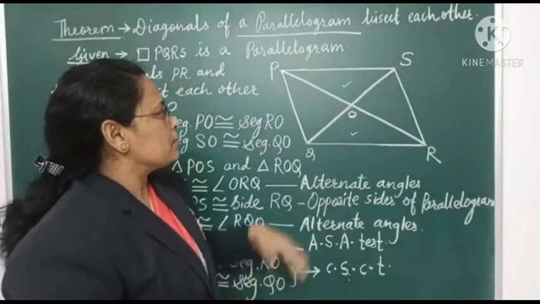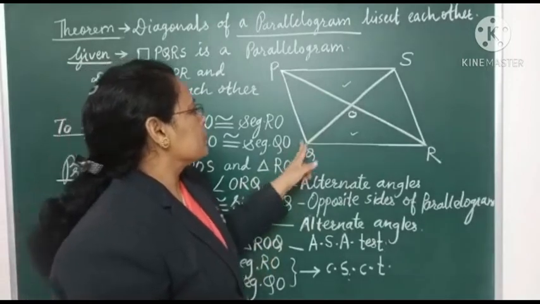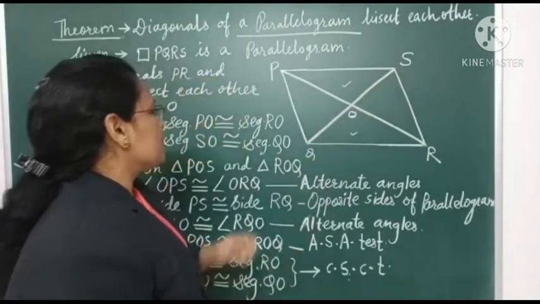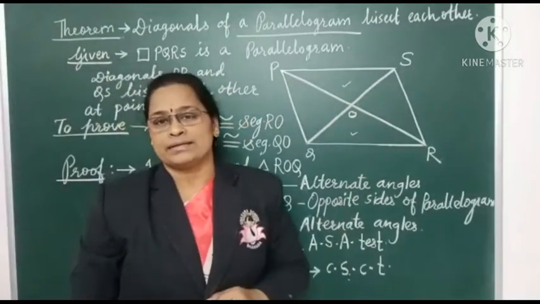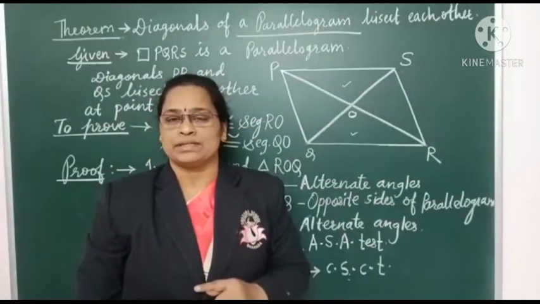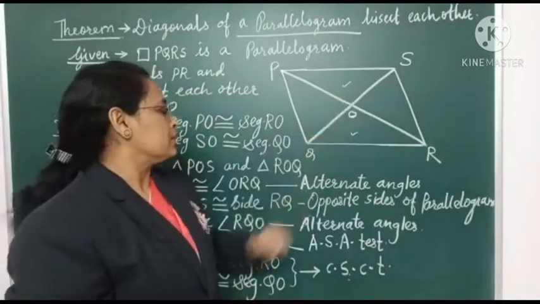By definition of parallelogram, PS is parallel to QR, and here QS is a transversal as well as PR is a transversal. So because of that, we'll get alternate angles. We'll make use of alternate angles and the property of the parallelogram, and we'll prove that both the triangles are congruent.